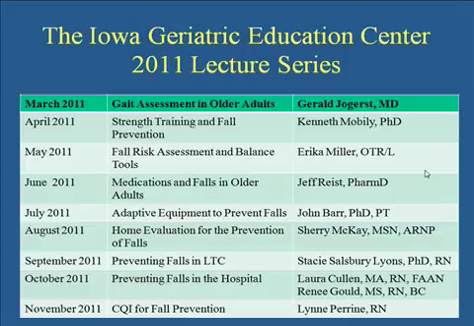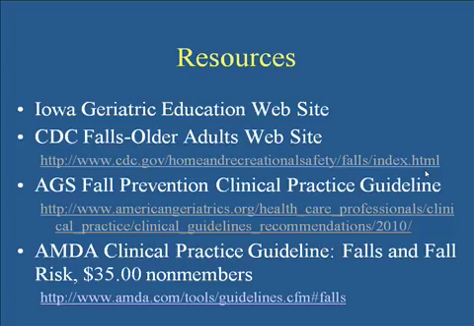And for those of you who are running geriatric care services and you're wondering how to set up a quality improvement program for fall prevention, Lynn Perrine will be here in November to help you and me with that. So I'm looking forward to building my own expertise in these areas as our lecture series progresses.